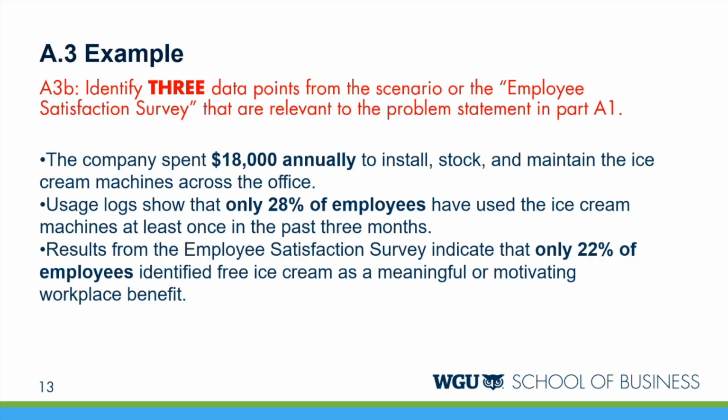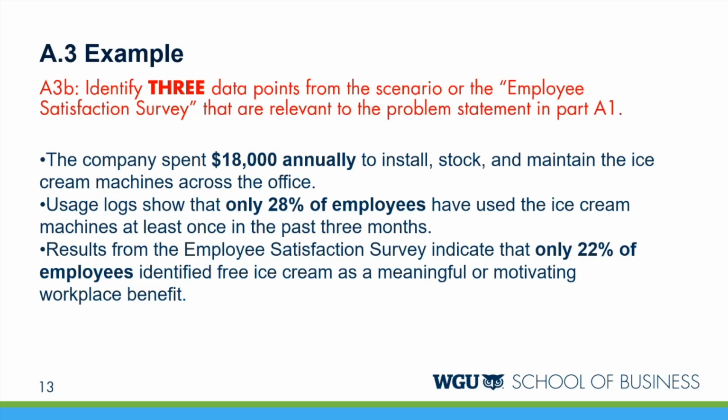Okay, so then we've got identify the 3 data points from the scenario. We're going to use this hypothetical employee satisfaction survey and tie it back to that problem statement. So we want 3. Make sure that you're using 3. The first one, the company spent $18,000 annually to install, stock, and maintain the ice cream machines across the office.